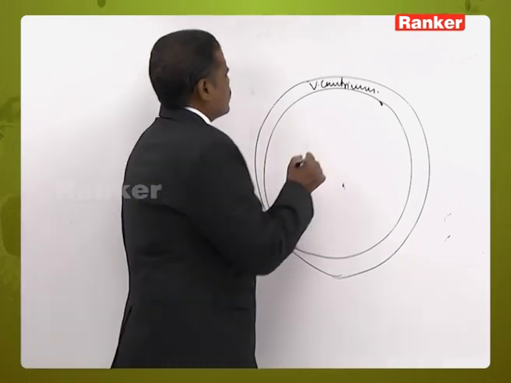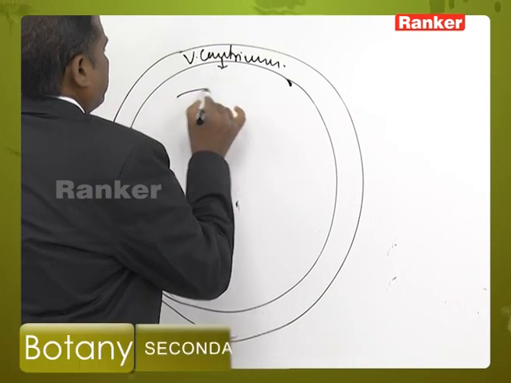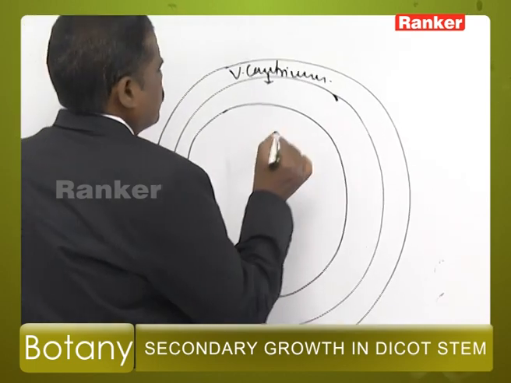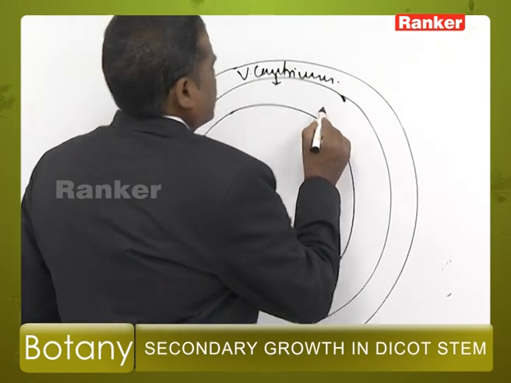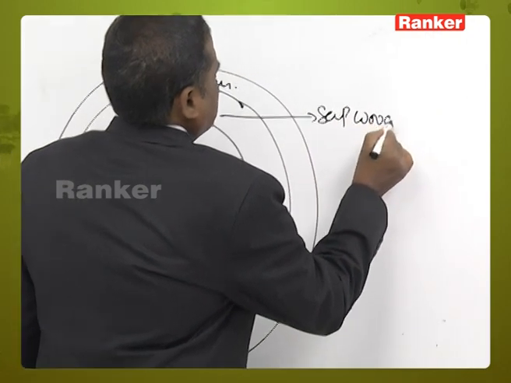The wood which is nearest to vascular cambium is called as sapwood.